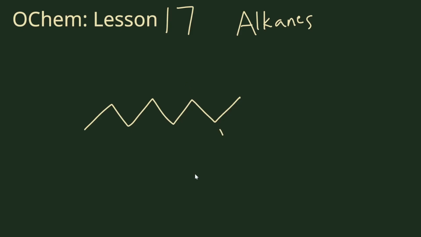So there's some properties to these alkanes that I want to highlight that just matter. These are described as saturated hydrocarbons. And it should be understandable why. Hydrogen plus carbon, hydrocarbon.